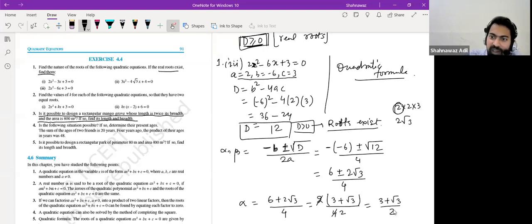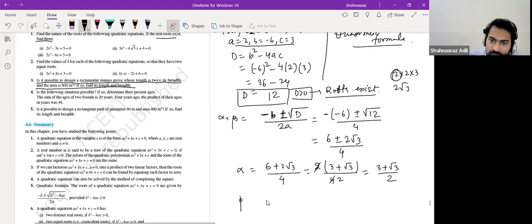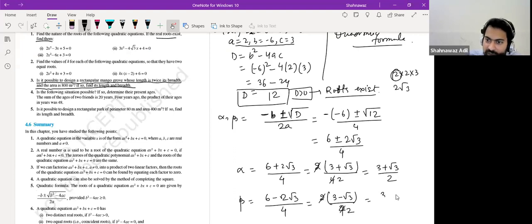And what is the other root? Again 2 is common, it will be just a minus. So these are the 2 roots.